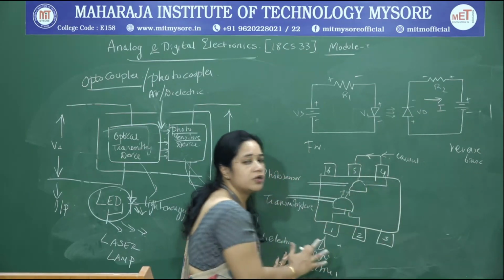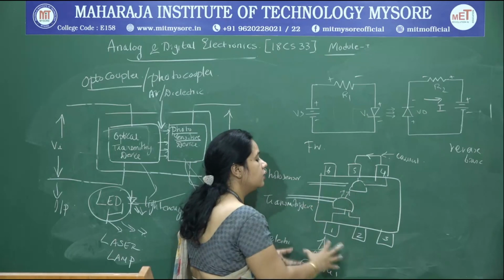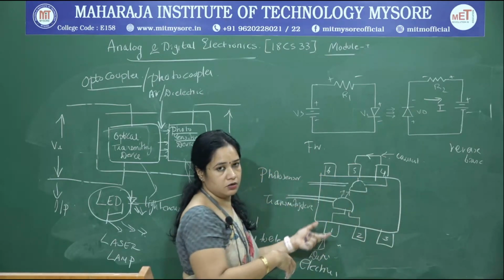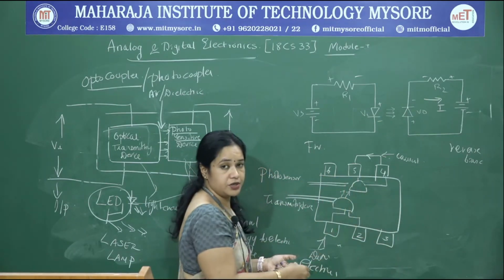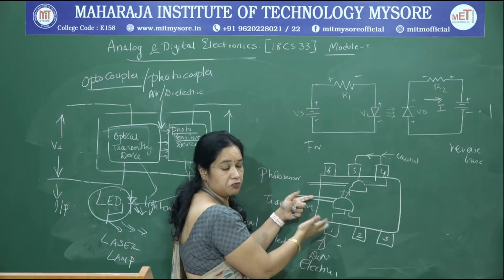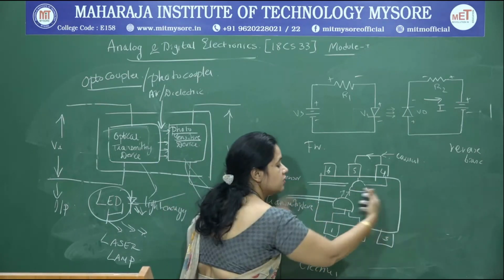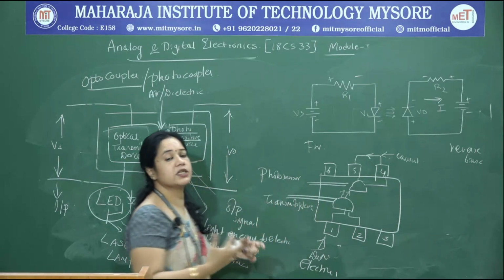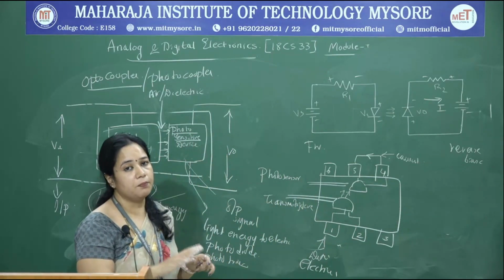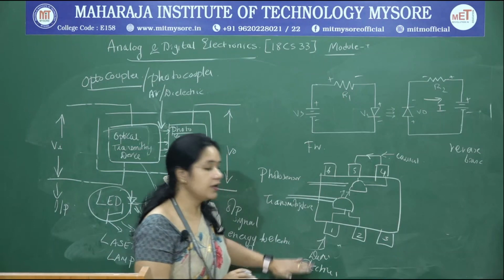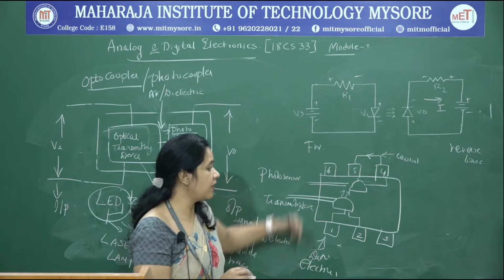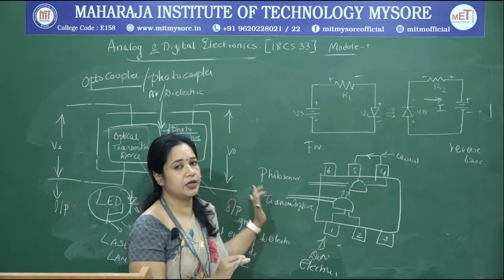Because if it is kept in a noisy environment, we do not want the noise to interfere with the operation. So, we convert it into optical signals, so that the interference of external electrical noise is prevented, thereby coupling the electrical signal from one part to the other part, still isolating it.